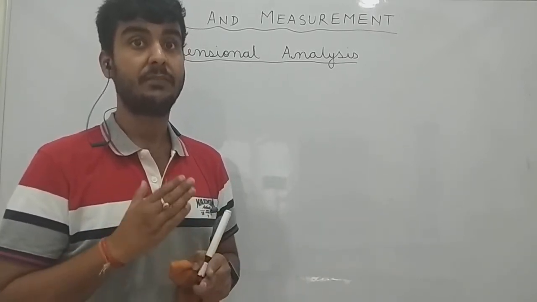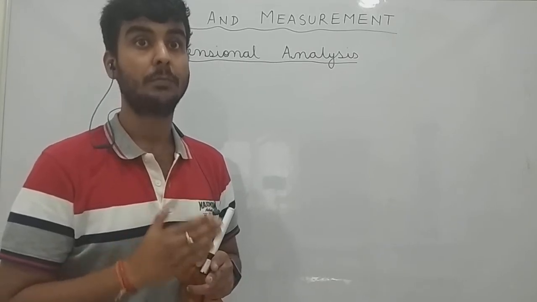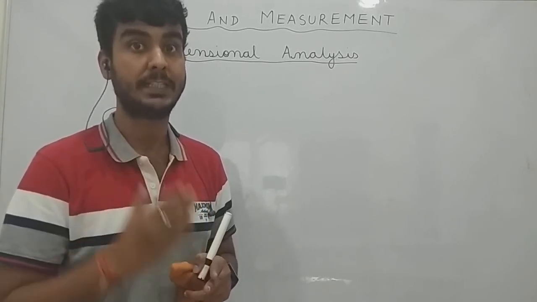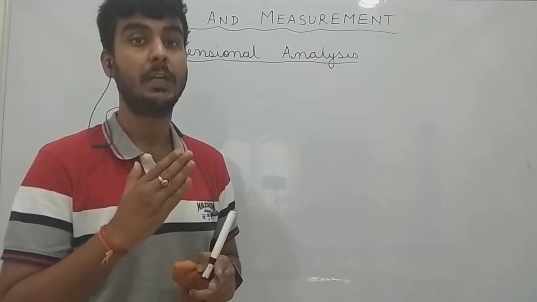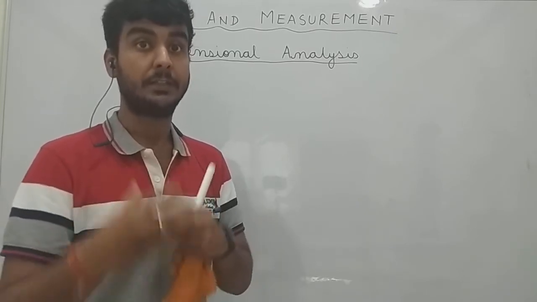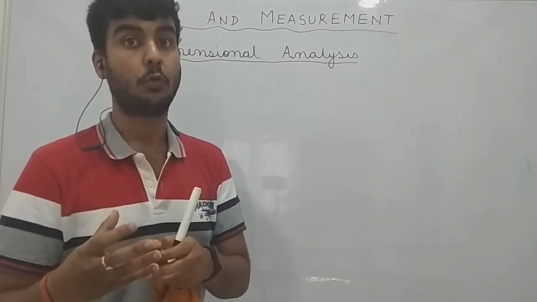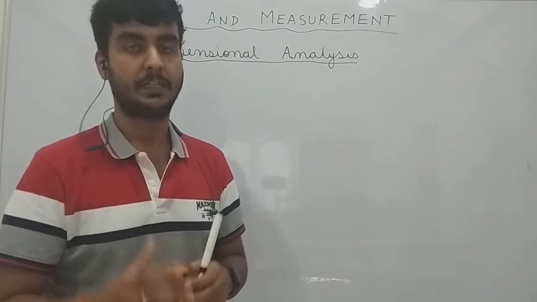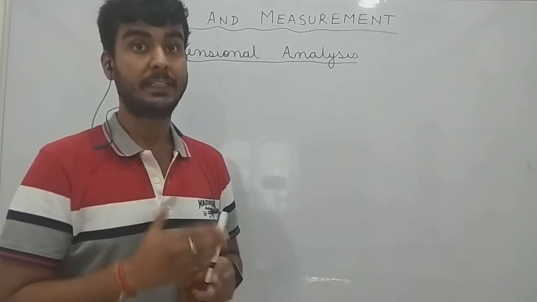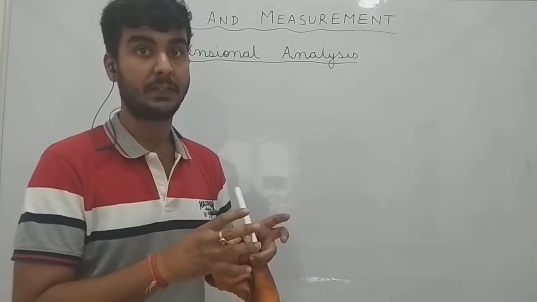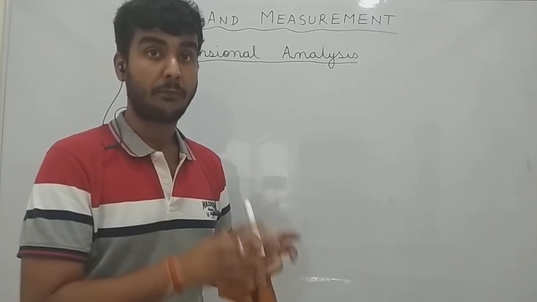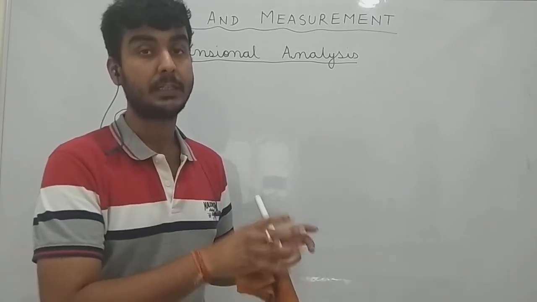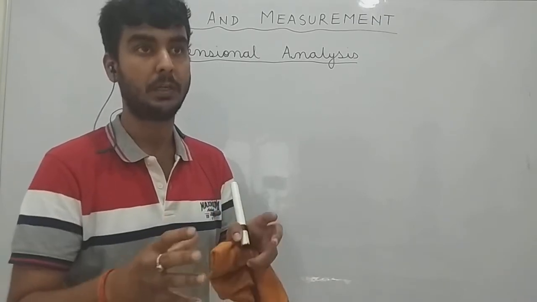So these 7 fundamental quantities form the 7 fundamental dimensions of our physical world, and they are used to represent derived quantities. So let us see how these 7 fundamental quantities form the 7 fundamental dimensions of our physical world.